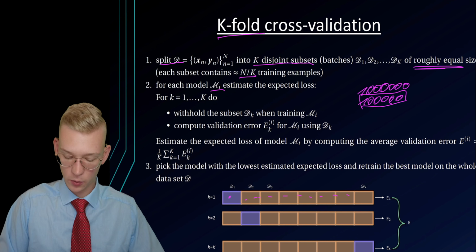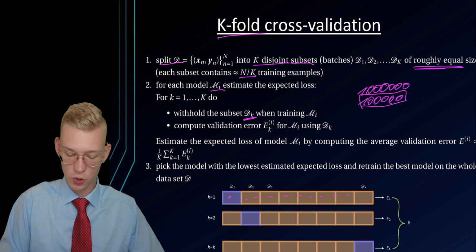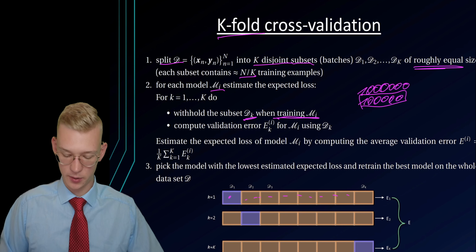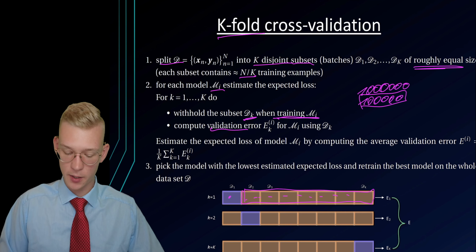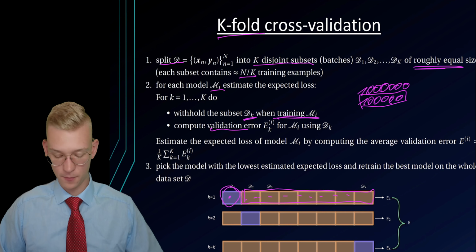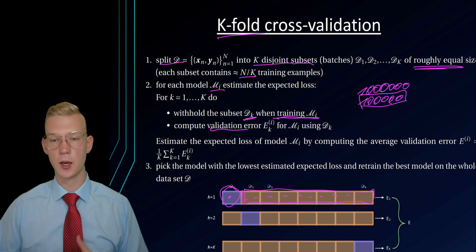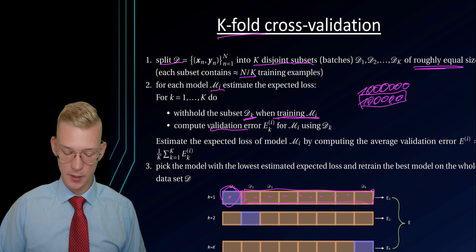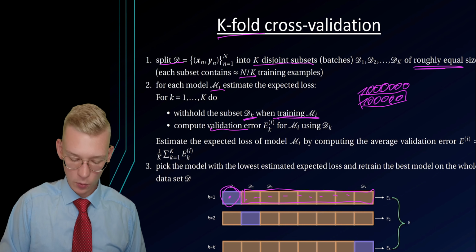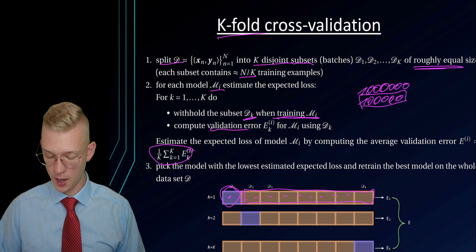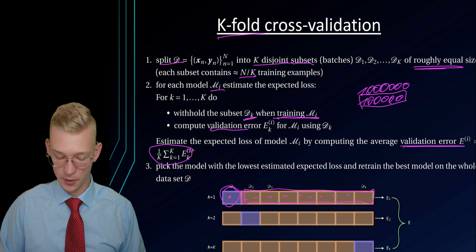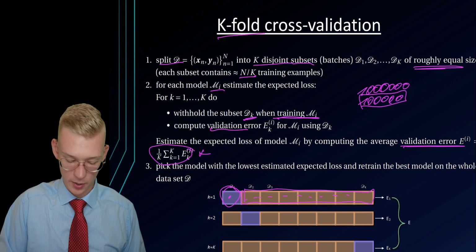We withhold the first section and train on all the others. Then we use the validation error of that model on the section that we withheld. After we did that for one model, we compute the average of those expected errors. So this will be our validation error, which is the average over all errors.